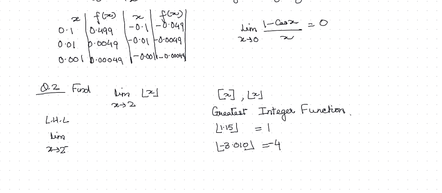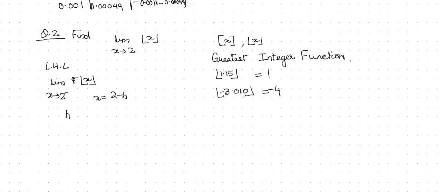Here we put x as 2 minus h because it is slightly less than 2. h may be a very small value like 0.00001, but this will still be a value less than 2.